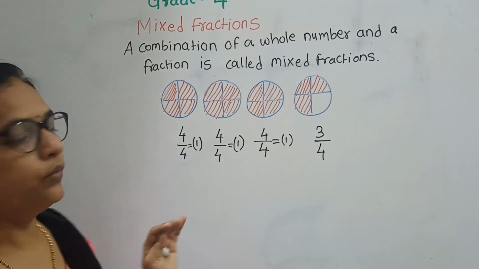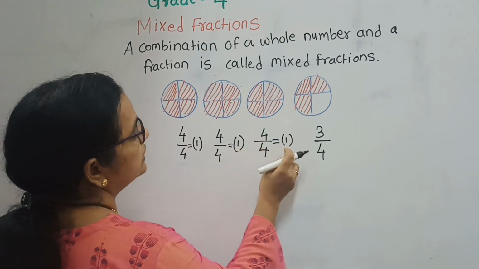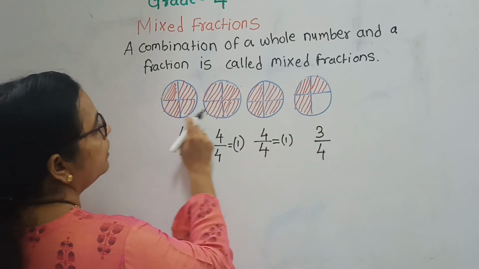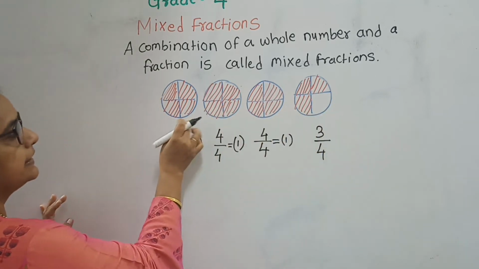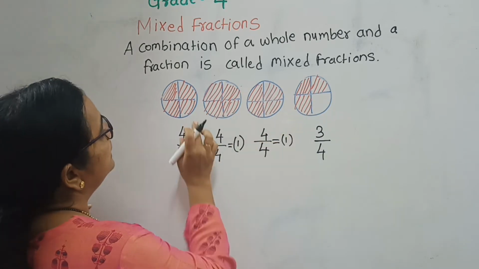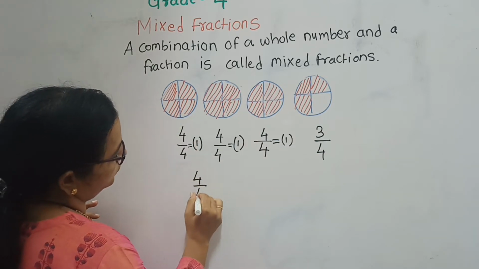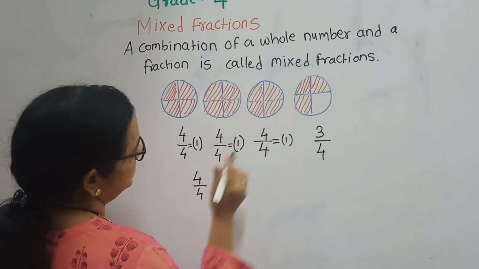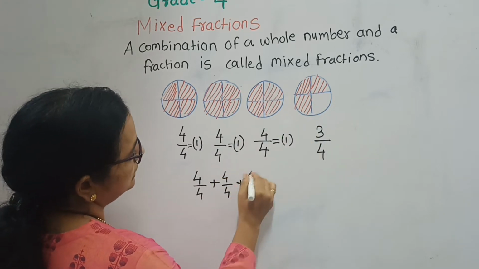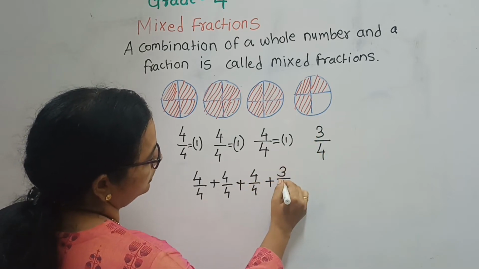If we count all the figures and shaded parts together, we add 4 upon 4 plus 4 upon 4 plus 4 upon 4 and here again 3 upon 4.